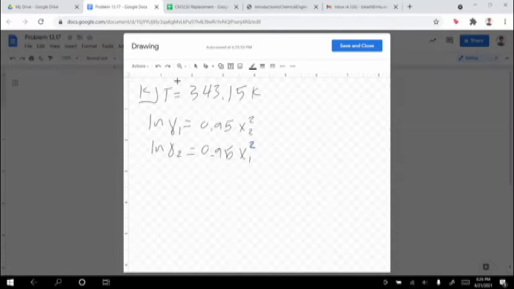We know that P1 sat is equal to 79.8 kilopascals, and that the saturation pressure for component 2 is equal to 40.5 kilopascals.